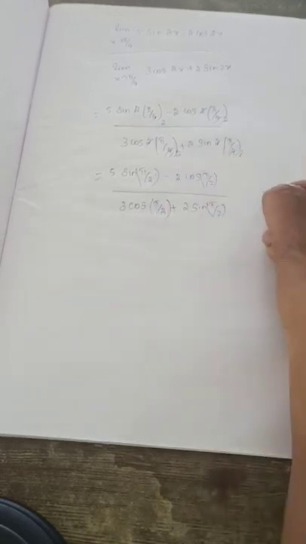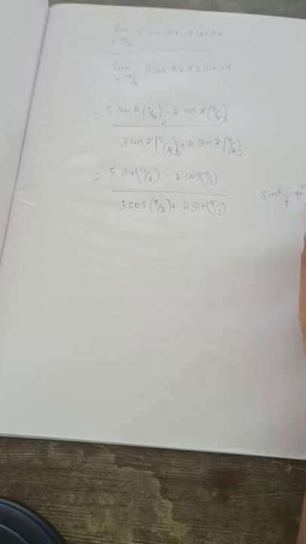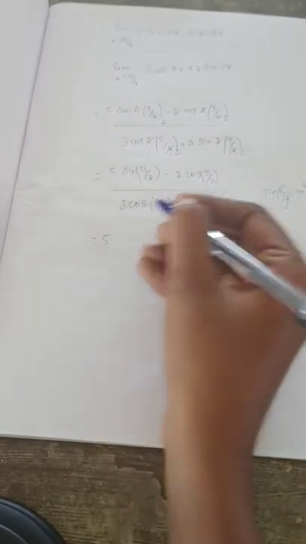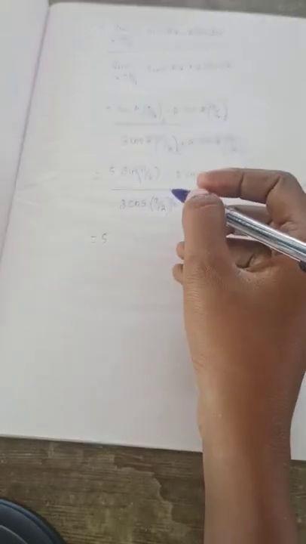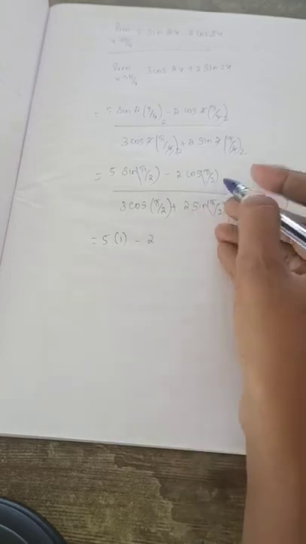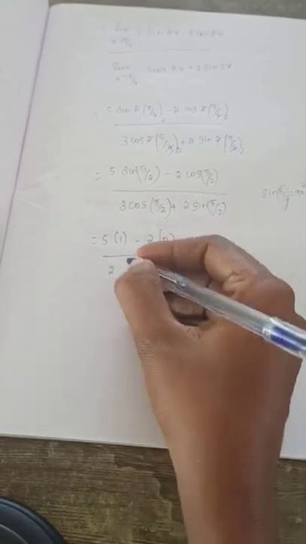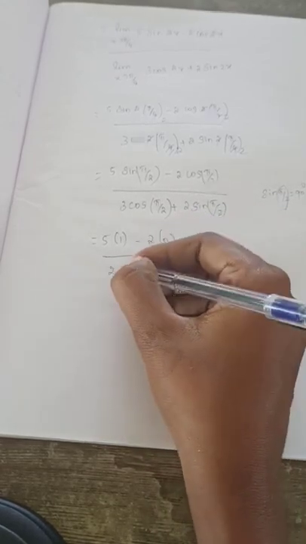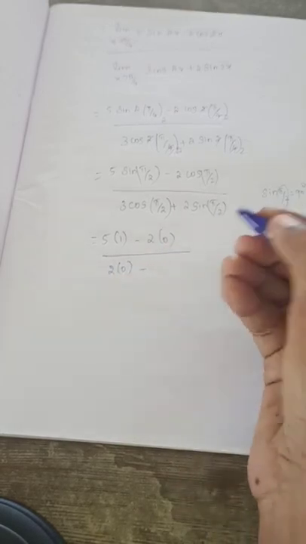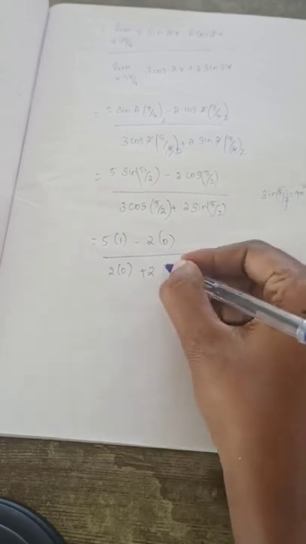Now you know the values. Pi by 2 means 90 degrees, since 180 by 2 is 90 degrees. So that's equal to 5 into sine 90 degrees, the value is 1, minus 2 cos 90 degrees, the value is 0, divided by 3 cos 90 degrees, the value is 0, plus 2 into sine 90 degrees, again 1.